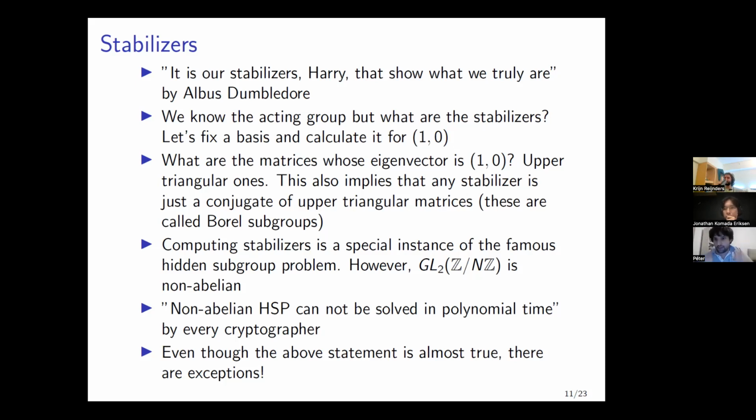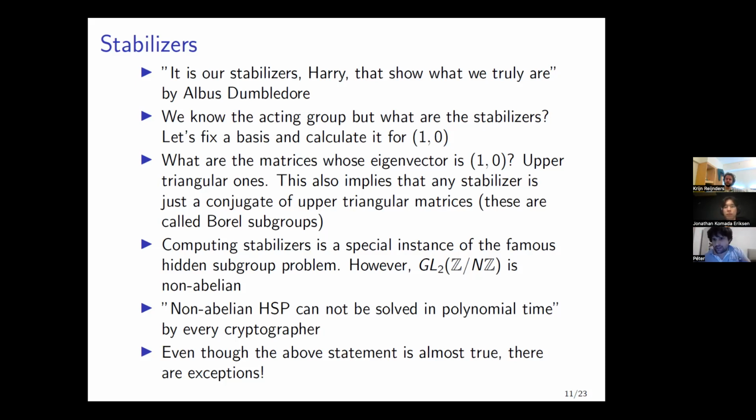So hooray, the stabilizer of (1, 0) is really upper triangular matrices, and then it's not so hard to see that if you want a stabilizer of a different element, it's just going to be a conjugate of that. And so what is proven by this very simple argument is that every stabilizer is just a conjugate of the upper triangular matrices. And this is what is called, in the literature, the Borel subgroup.